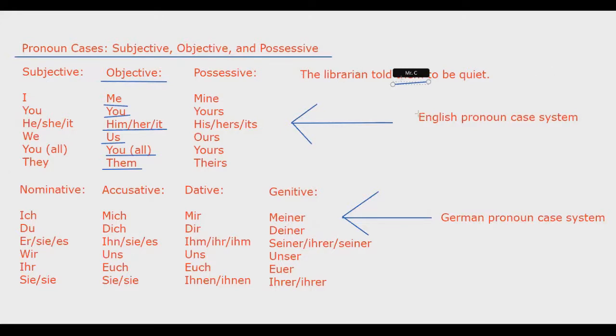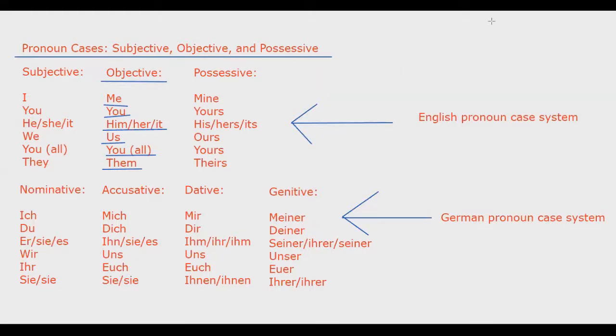And because the librarian is the subject, them cannot be the subject. The librarian told them to be quiet. So in this case, them is the indirect object of the sentence because they're receiving the action of being told to be quiet. So here we mark them in the objective case.